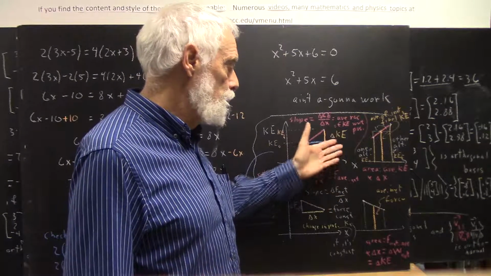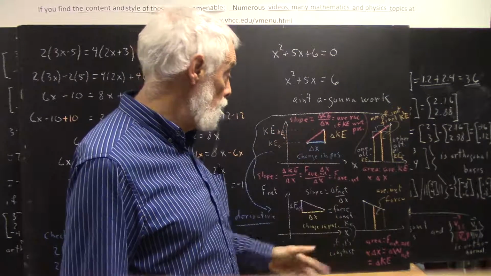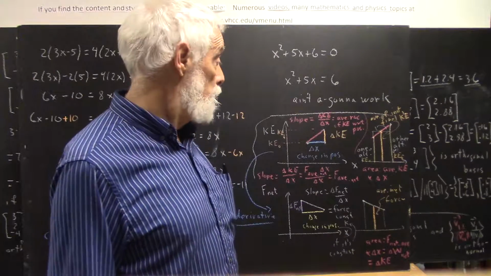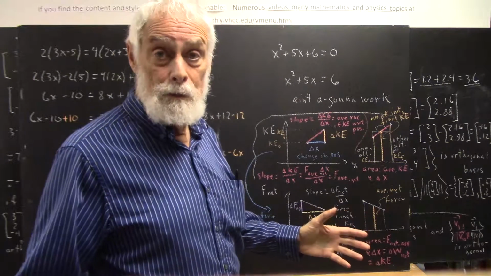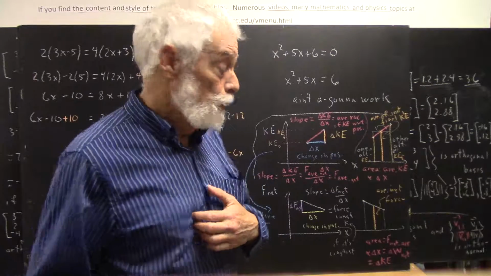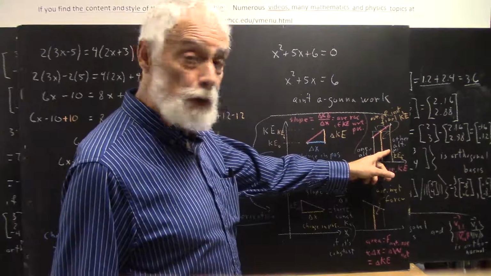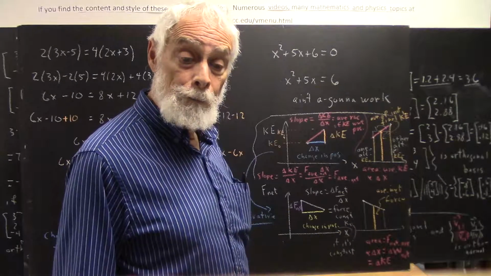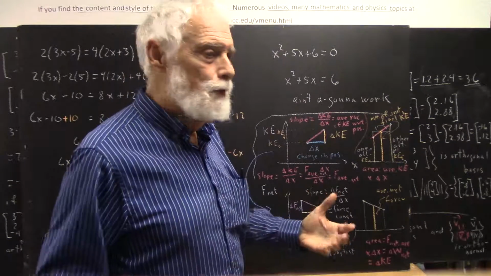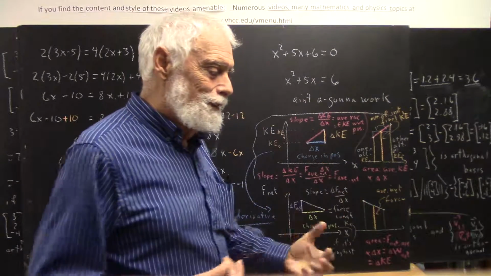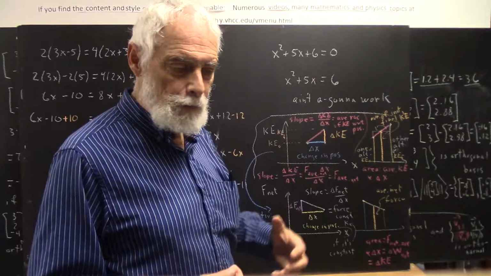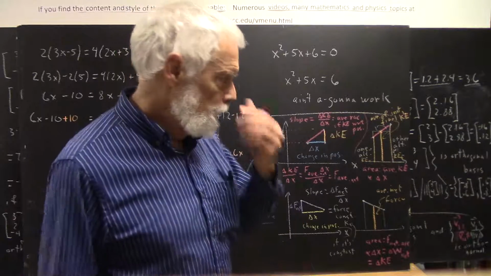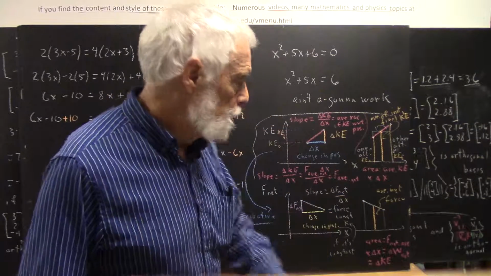You always ask the same question. Whenever you see a graph, these are the questions you ask. Now they might or might not be important. In this case, this question didn't give us an important answer on this graph, but in this graph it did. In some cases, the question's not going to give you a very meaningful answer no matter what, because your graph isn't of something that's physically important.